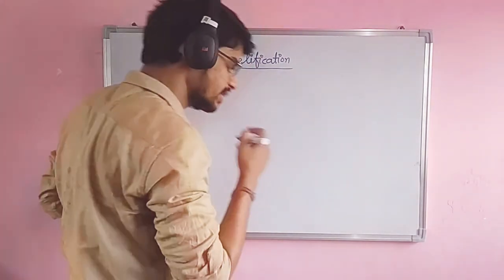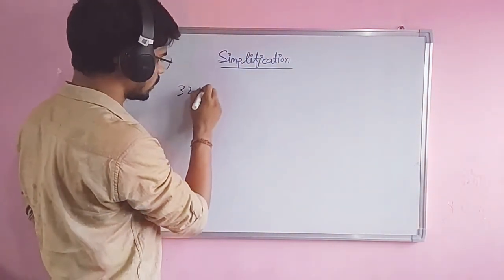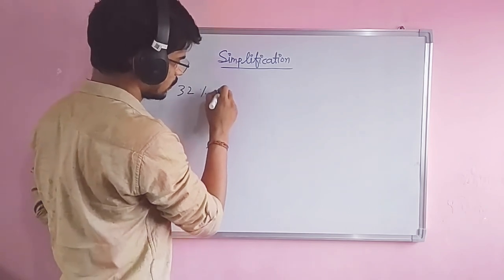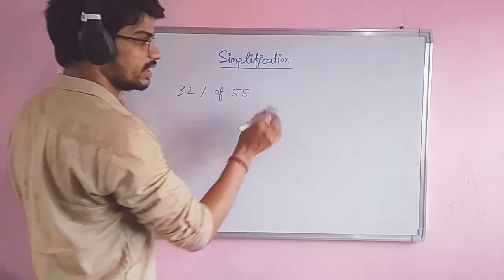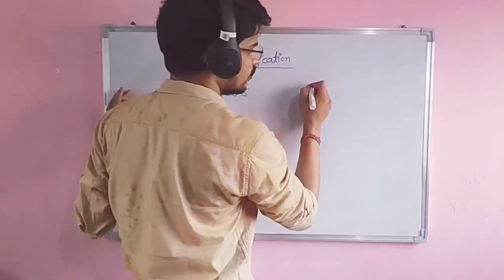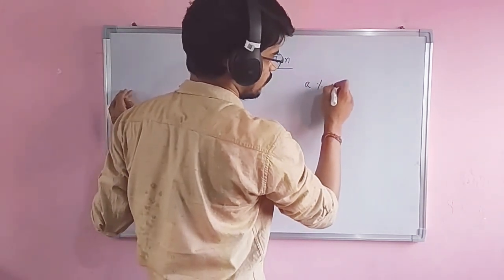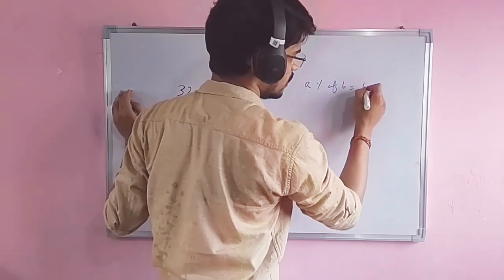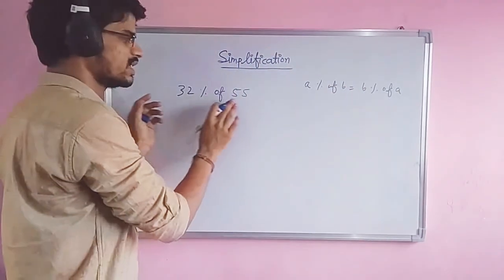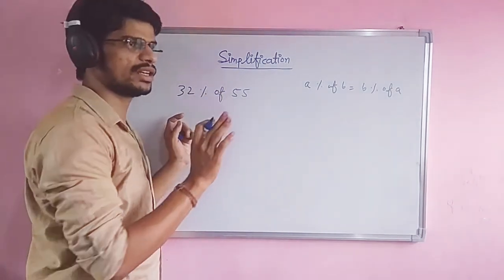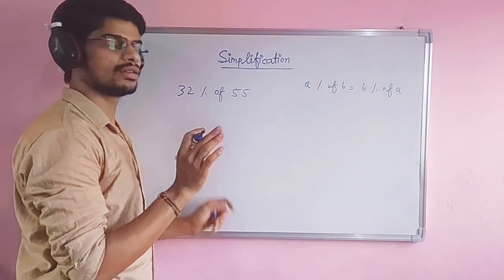Next question is 32 percentage of 55. We earlier discussed the formula: a percentage of b is equal to b percentage of a. 32% of 55 involves complex calculations.